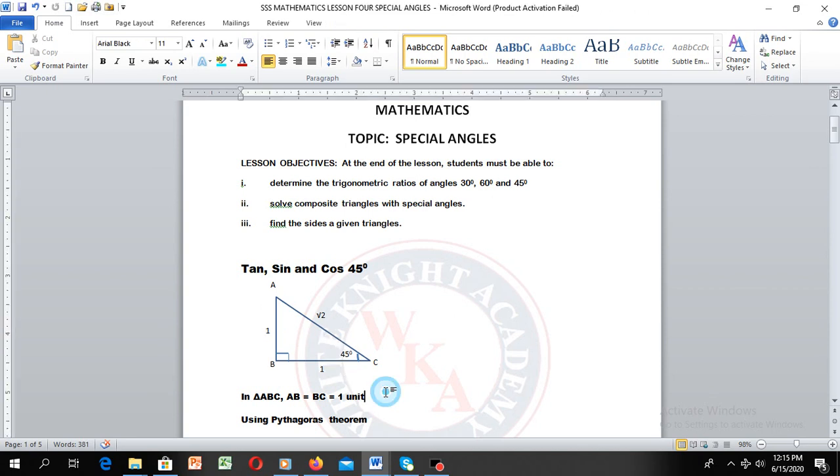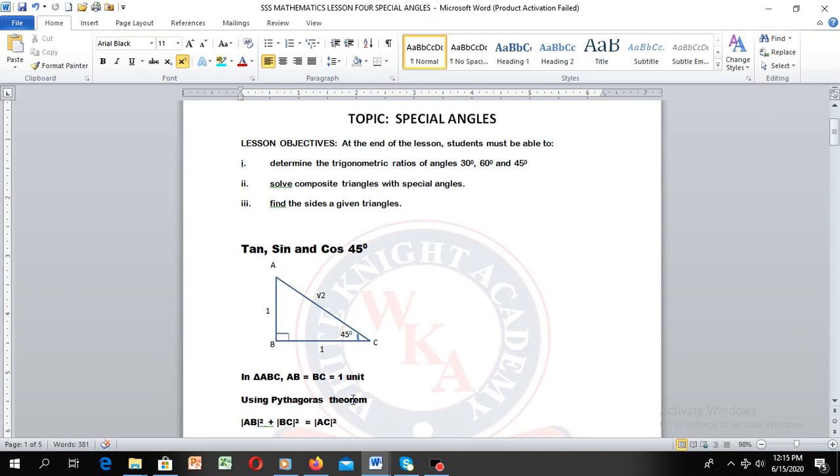If the adjacent sides, side AB and side BC, are 1 unit each, that means they are equal. So we say that AB is equal to BC, which is equal to 1 unit. The unit could be centimeters or meters, depending. In order to determine the value of the hypotenuse, we use Pythagoras theorem.